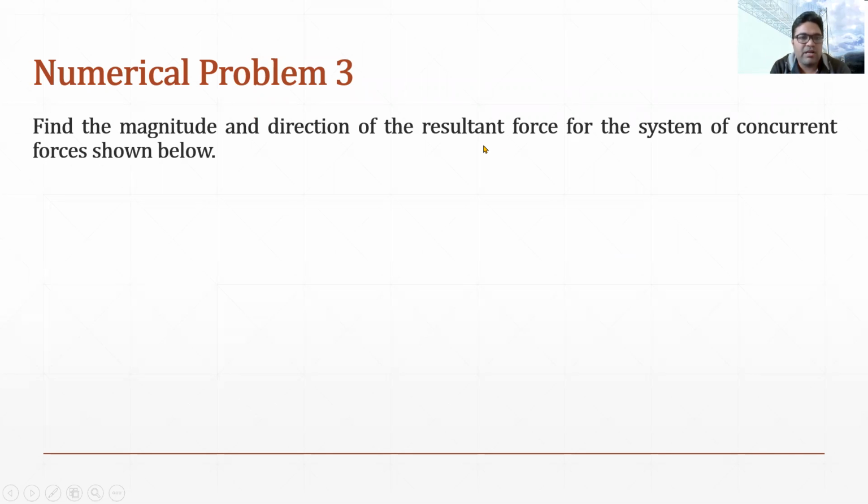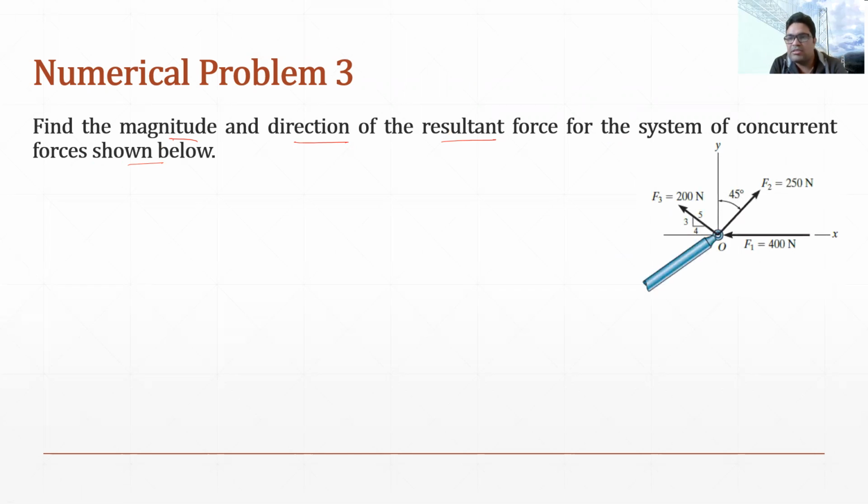First, this is the problem. We have to find the magnitude and direction of the resultant force for the system of concurrent forces shown below. So first I will show you the diagram. This is actually again a boom hook, and on this hook there are three forces acting. One force is acting exactly along the x-axis.